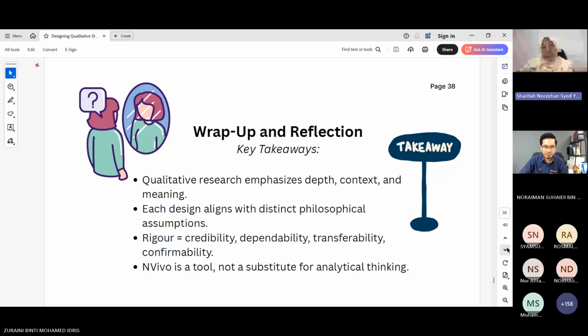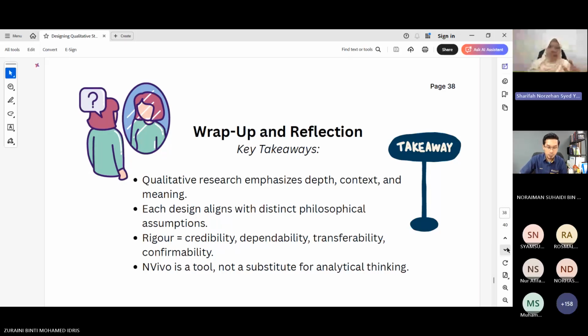So in order for you to have the rigor, like I said, go for credibility, dependability, transferability, and confirmability. And NVivo is a tool. It's not a substitute for your analytical thinking. The analysis is done by the researcher.